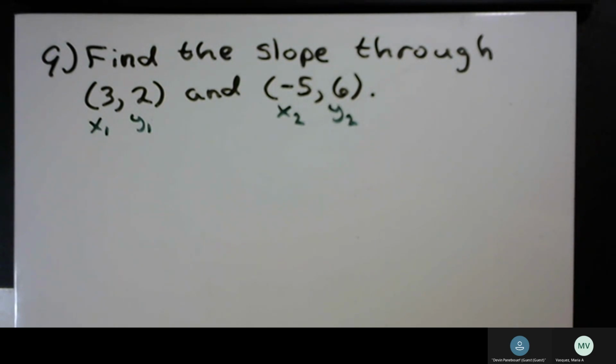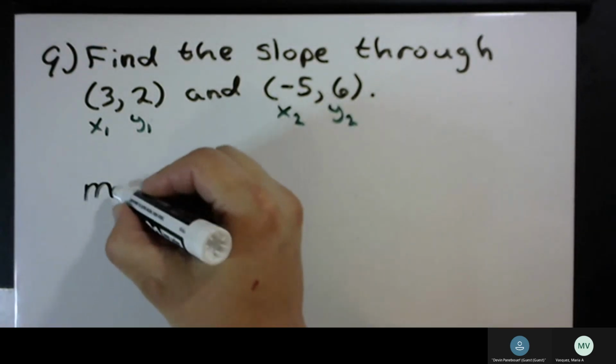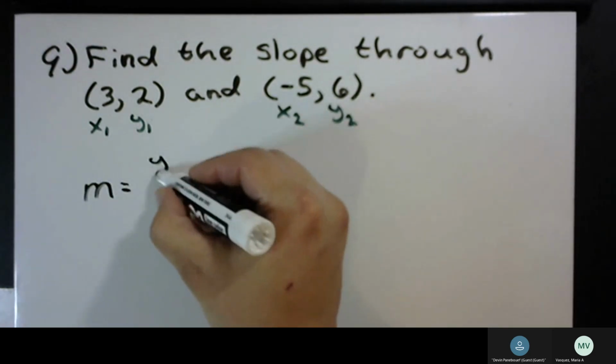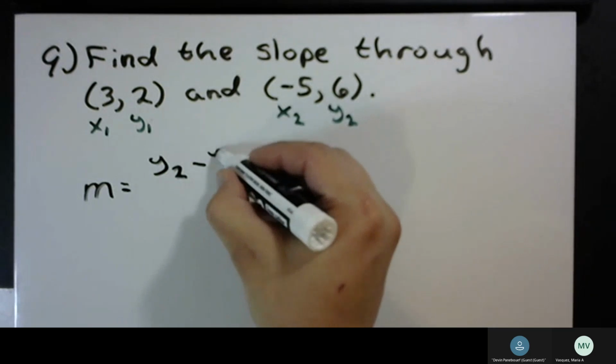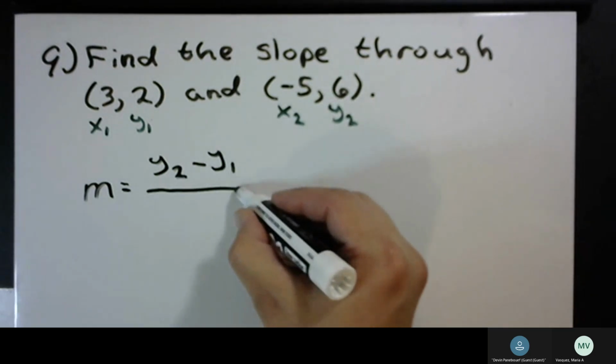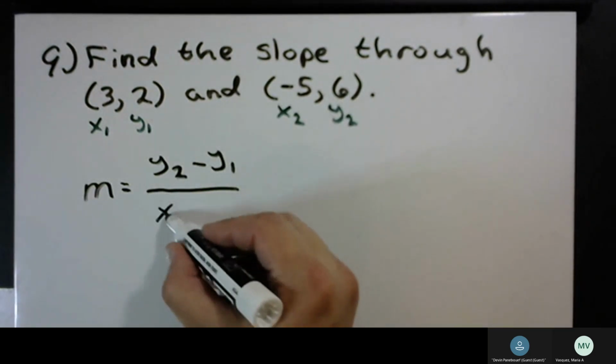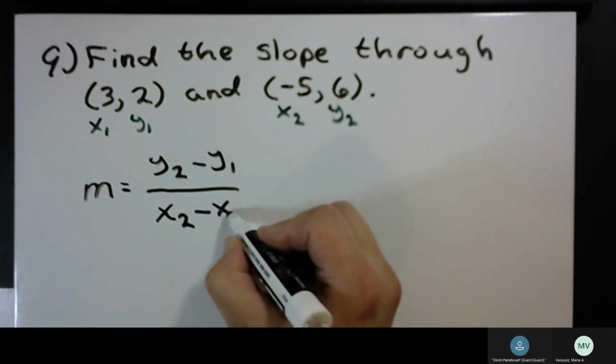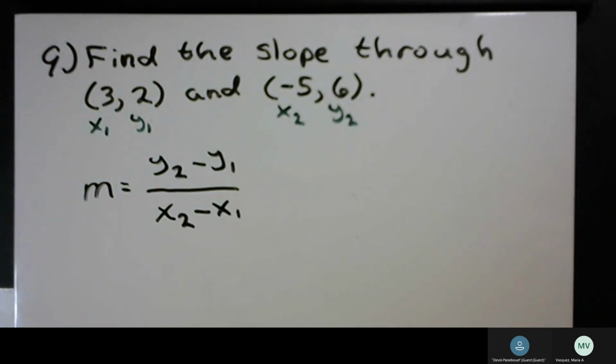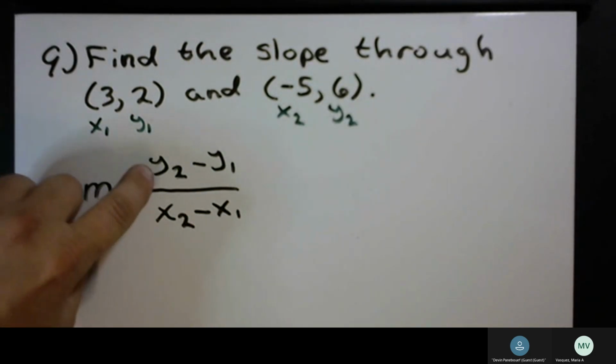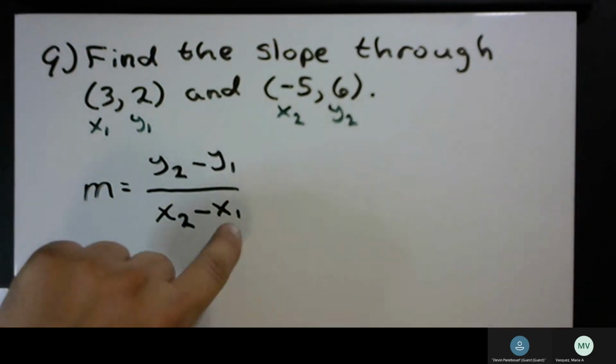And so we're going to use this slope formula. It's always going to be this. Y2 minus Y1. So the difference of Y's will go on top. The difference of X's will go on the bottom. And you want the same type of difference on the top and on the bottom. So Y2 minus Y1, X2 minus X1.